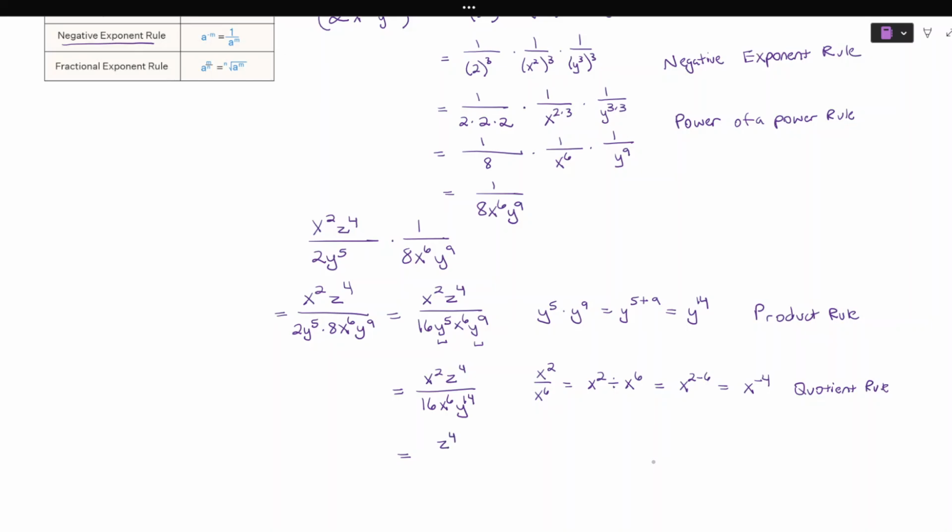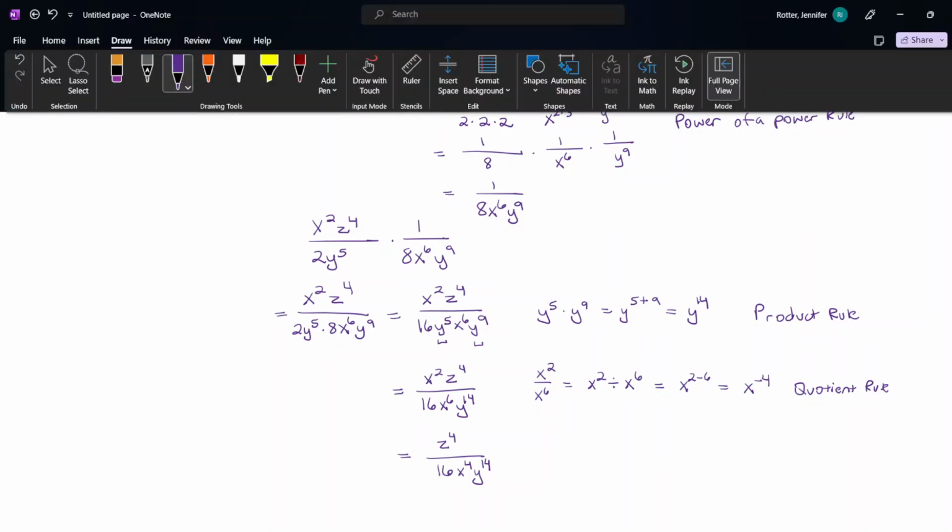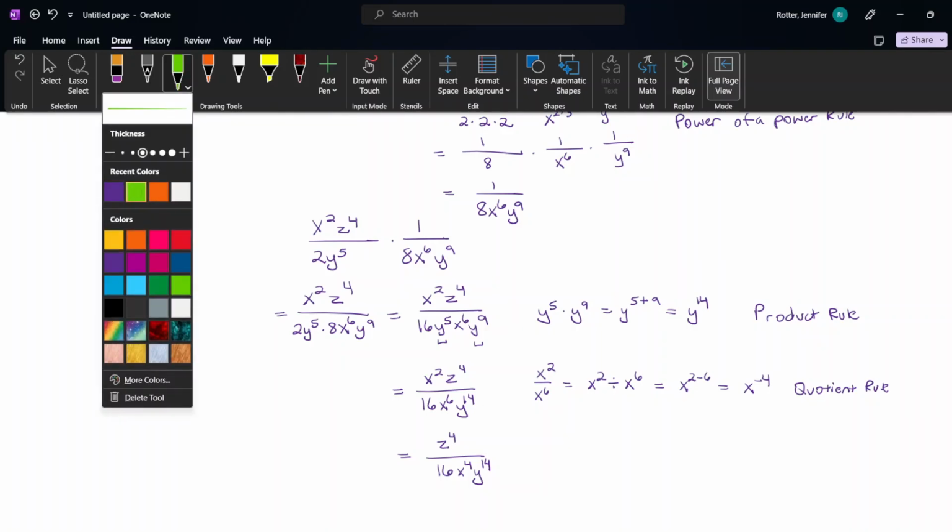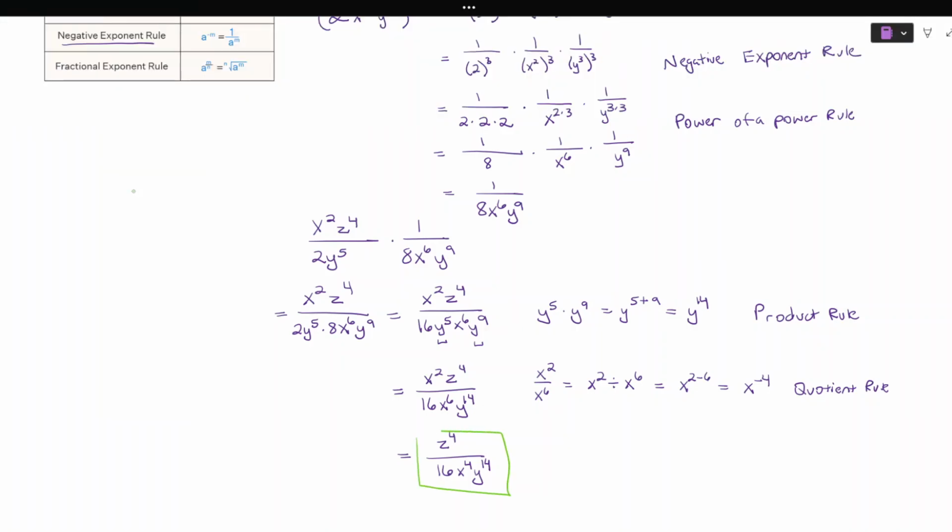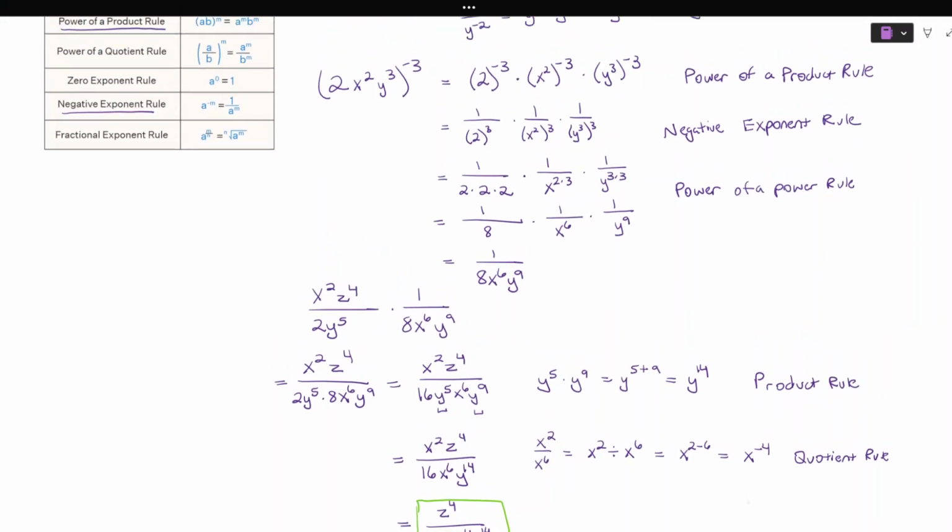So z to the 4th over 16 x to the 4th, y to the 14th. And so yeah, since it was a negative exponent, I can remove that negative exponent if I just put it in the denominator. And so then this is our final answer. Do like a green box. There we go. And there are all the rules that we used.